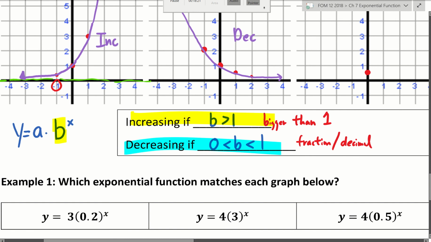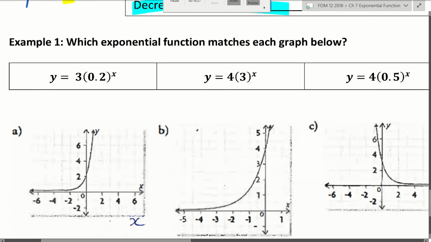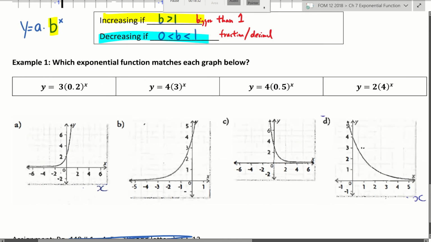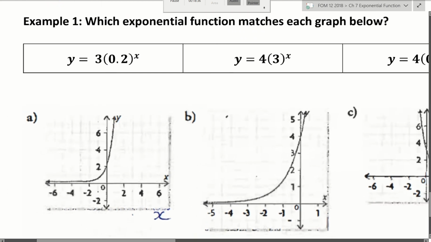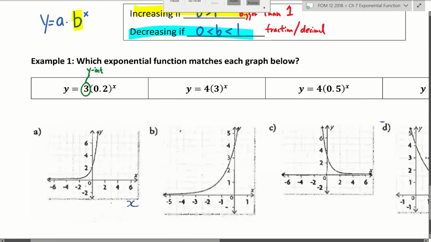All right, so now let's see if we can join everything that we know together and do these matching questions. I have 4 graphs, and associated with them are 4 equations. So let's see which graph matches with which equation. This first one right here, look, that is the y-intercept. That means your graph has to touch 3. No other graph has that, so you're lucky.